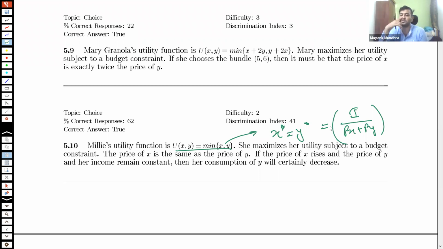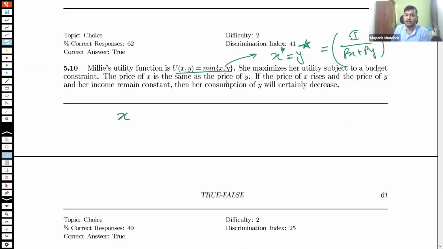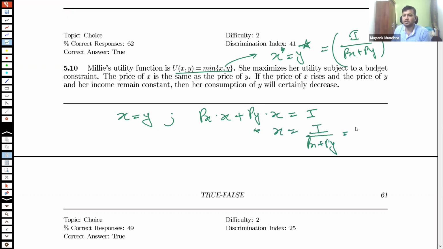If you go back to the notes where we derived the indirect utility function and everything, you'll find that this is the situation. Solving this is very easy. Because you have min function, you should have x equals y, and then you just put this in the budget constraint, px into x plus py into x equals I, which implies x equals I by px plus py, and that should be equal to y. So x should be equal to y equals I by px plus py.